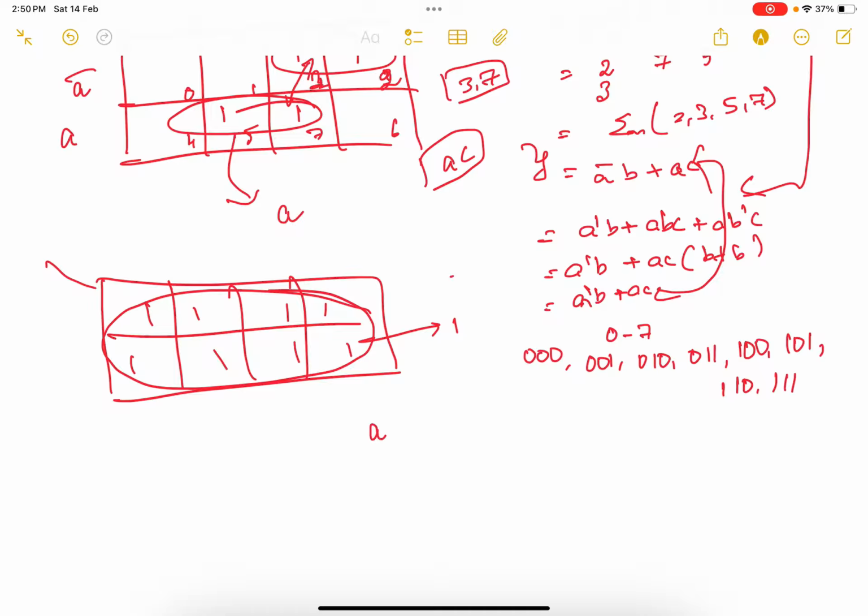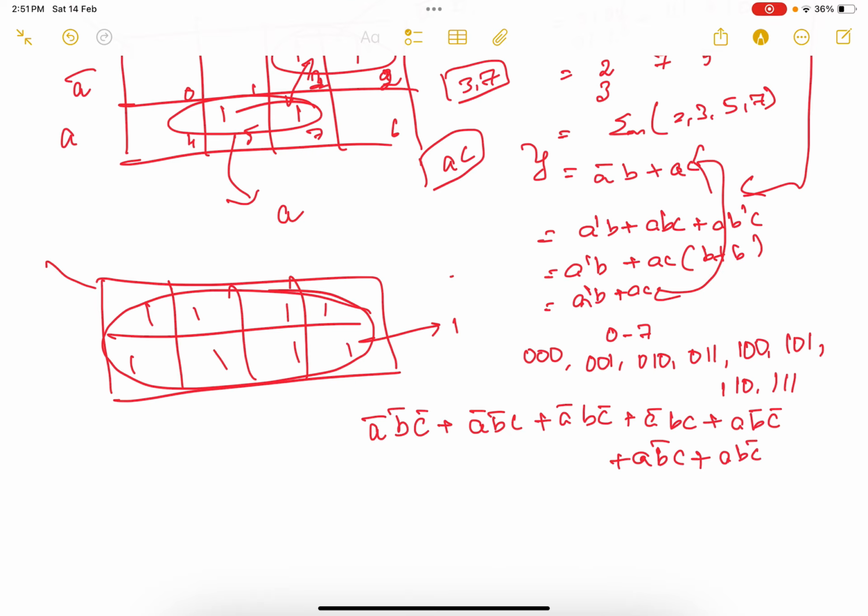So what is the equivalent of everything? A bar B bar C bar plus A bar B bar C plus A bar B C bar plus A bar B C plus A B bar C bar plus A B bar C plus A B C bar plus A B C. Got it?